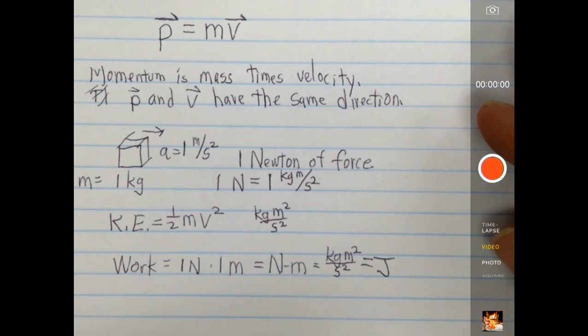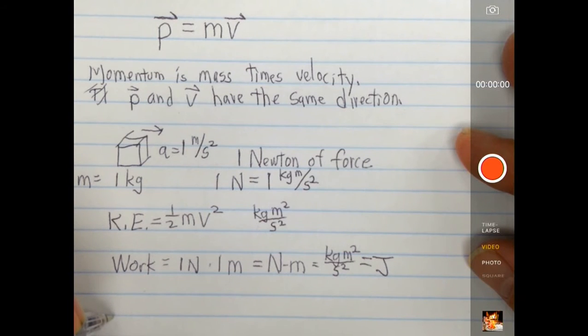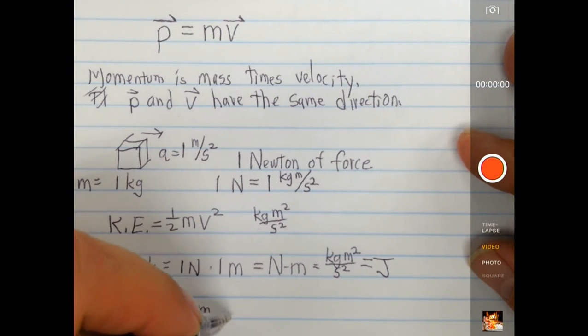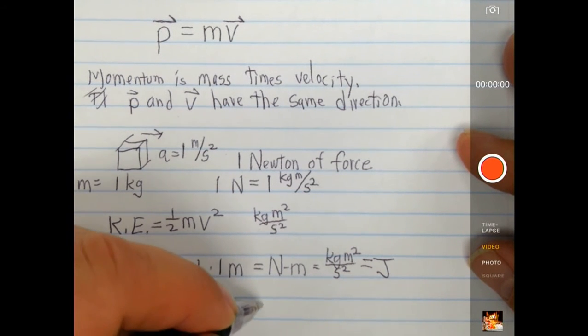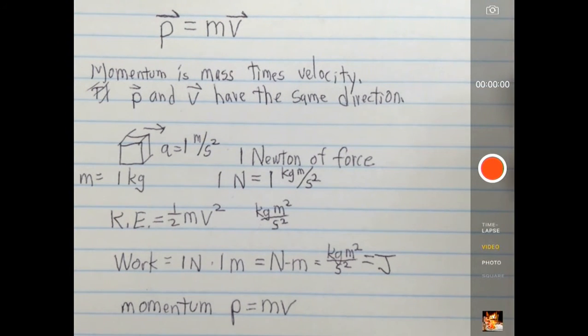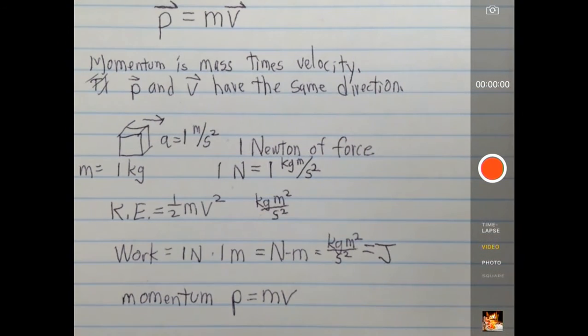And in addition to these units, now we have added to that this new one called momentum, which is mass times velocity, not mass times acceleration, not force times distance.